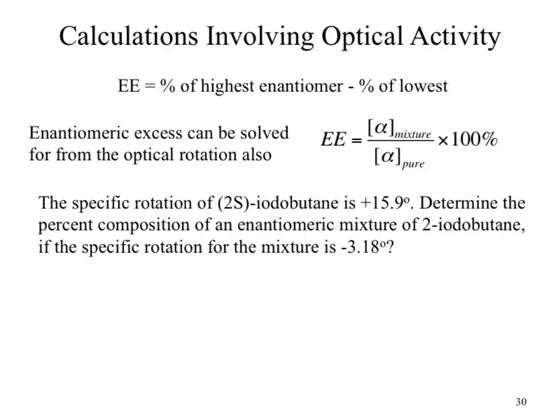So our enantiomeric excess can be calculated by looking at the specific rotation for your mixture and then dividing by the specific rotation for the pure enantiomer. Multiply by 100 and you now have your enantiomeric excess. This can be used to then back calculate the relative concentrations of both your R and your S compounds by just running an optical activity experiment.